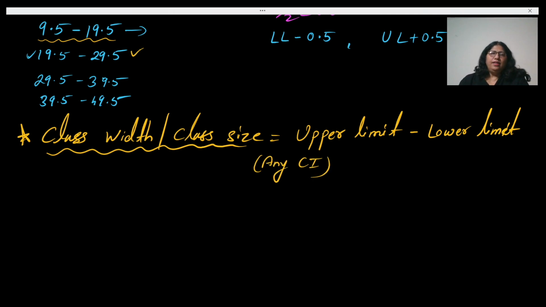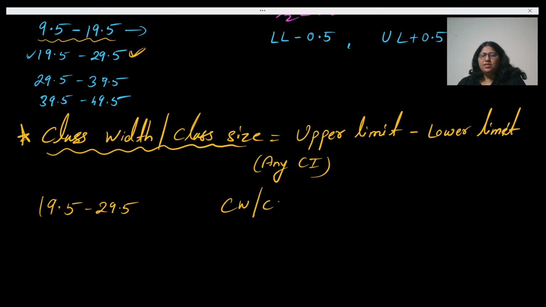Like here, if I take one of the class intervals, 19.5 to 29.5, what is going to be the class width or class size? The upper limit is 29.5 minus the lower limit 19.5.